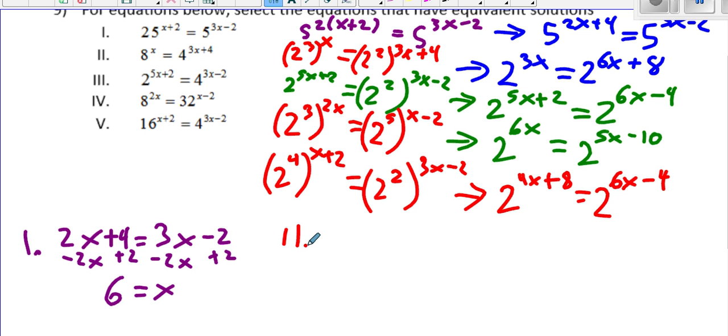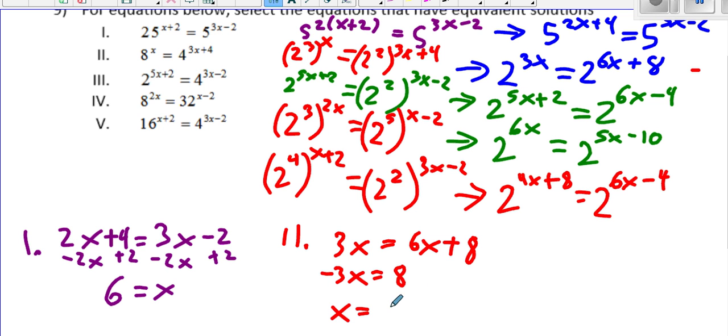From number 2, this equation, you can cancel out your bases. You get 3x equals 6x plus 8. Cancel out the 2's. So move the 6x over, you get negative 3x equals 8. And divide by negative 3, you get negative 8 over 3.